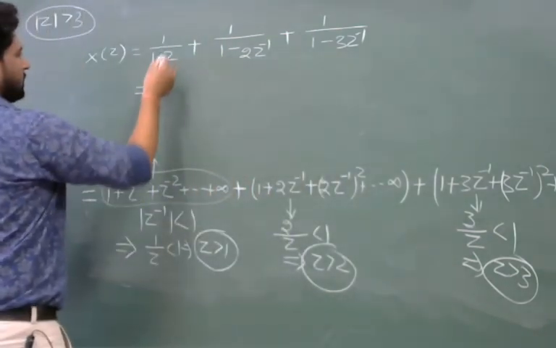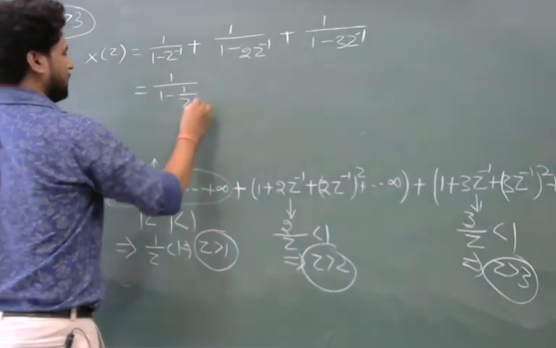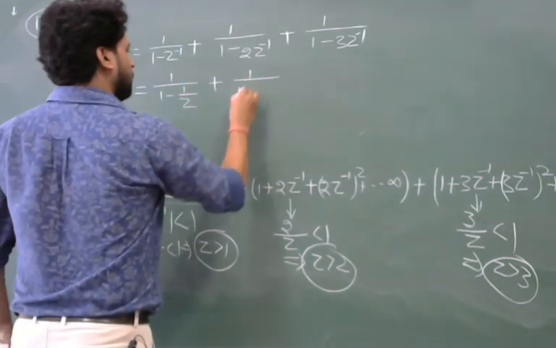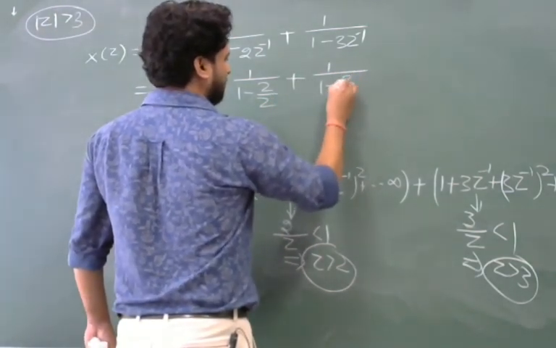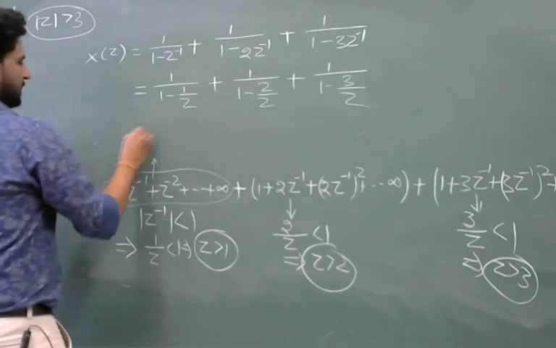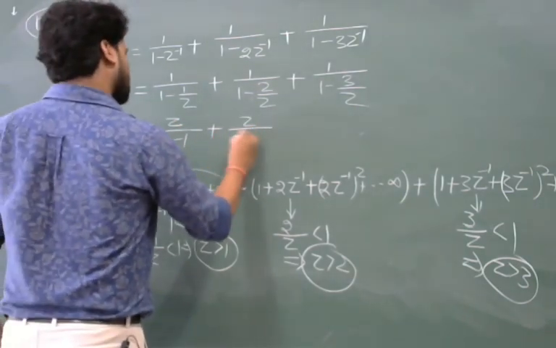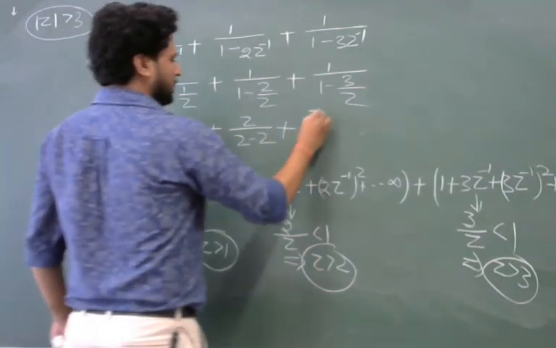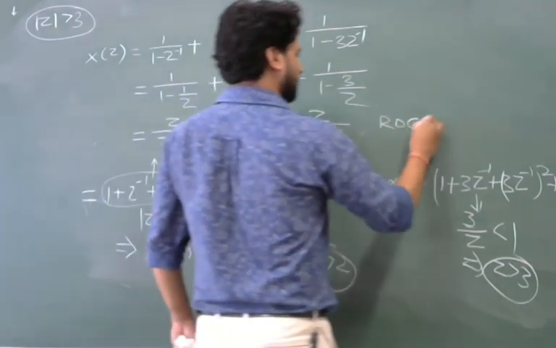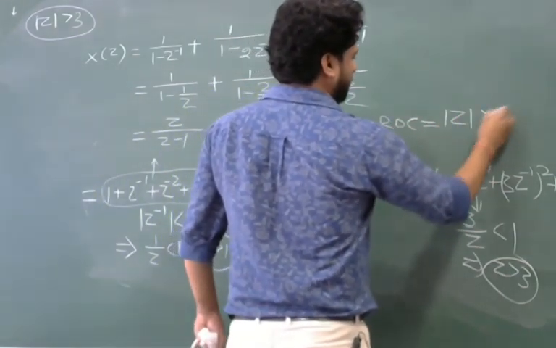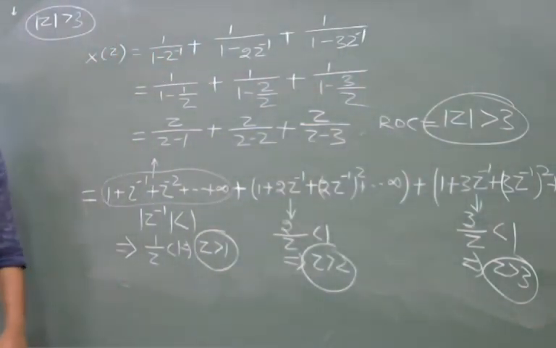This equals 1 upon 1 minus 1 by z, plus 1 upon 1 minus 2 by z, plus 1 upon 1 minus 3 by z. This can be further simplified as z upon z minus 1 plus z upon z minus 2 plus z upon z minus 3, and its ROC will be z greater than 3. This will be the region of convergence for the given sequence.